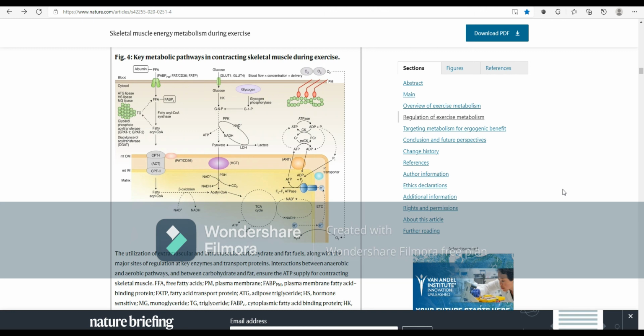So the utilization of extramuscular and intramuscular carbohydrate and fat fuels, along with the major sites of regulation at key enzymes and transport proteins. Also here we have a view of interactions between anaerobic and aerobic pathways and between carbohydrate and fat that ensure the ATP supply for contracting skeletal muscle.